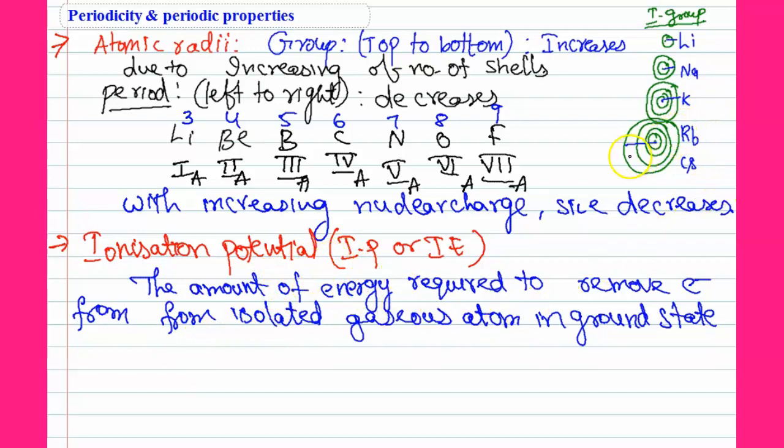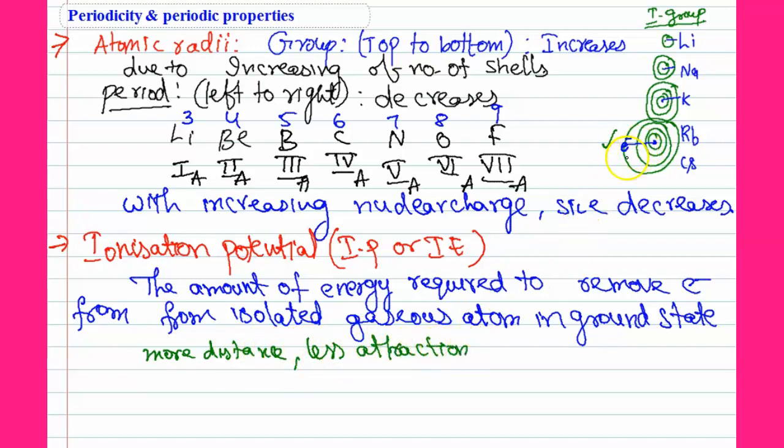That means, see here students, one electron is present here, from the center, the nucleus, to the outermost electron. There is a large distance. More the distance. In case of rubidium, students, see here, I'm giving a tick mark. In rubidium, from nucleus to outermost electron, there is more gap, more distance. More the distance, less attraction.